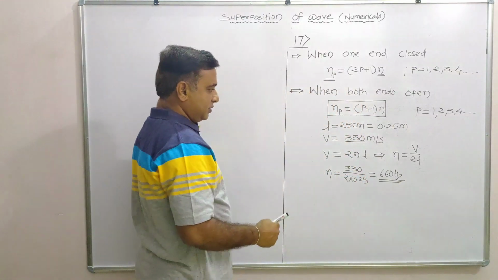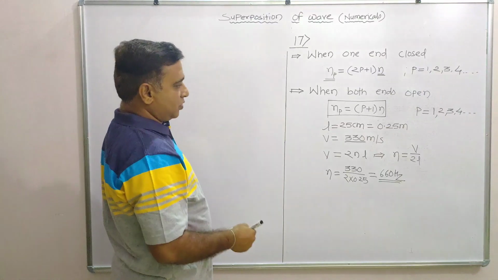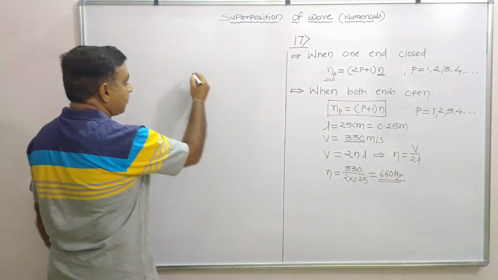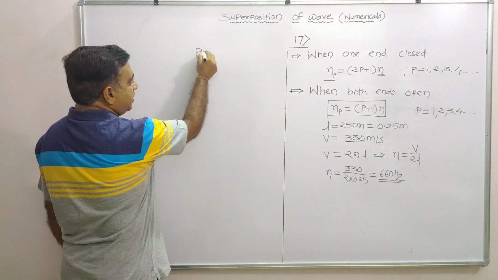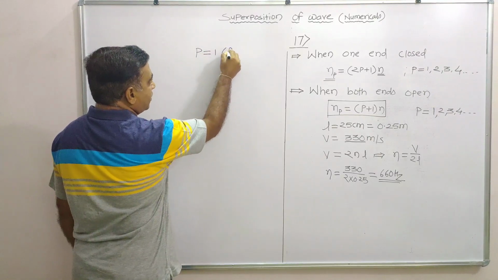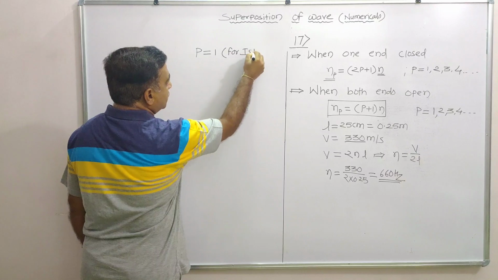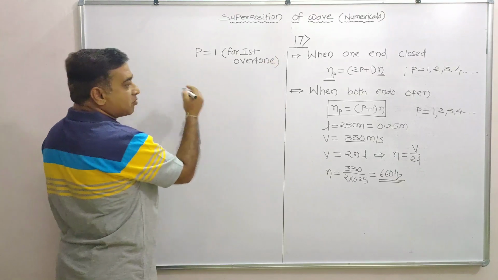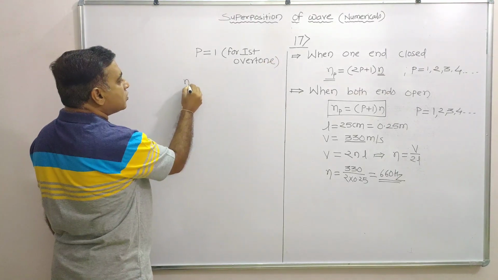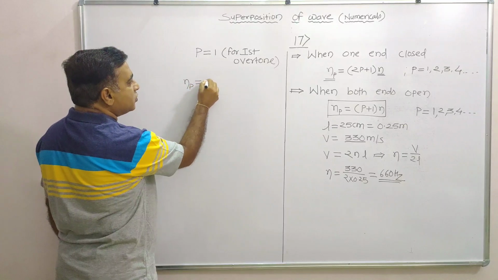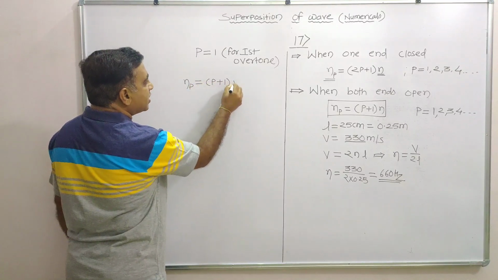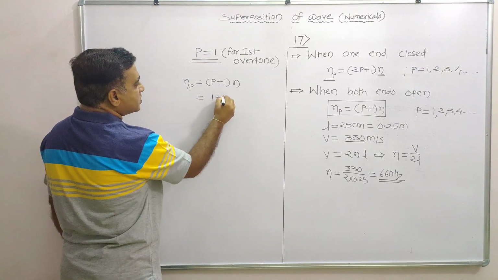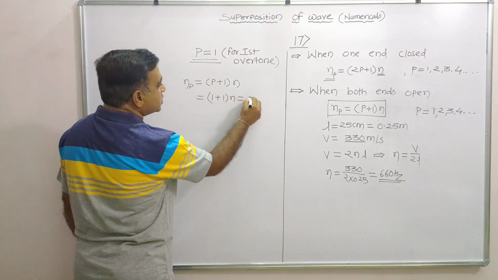Now we need to calculate the value of the first overtone. If P is equal to 1 for the first overtone, I am going to calculate the frequency given by Np is equal to (P plus 1) into N. We know P is equal to 1, so substituting, 1 plus 1 into N, that means it is 2N.